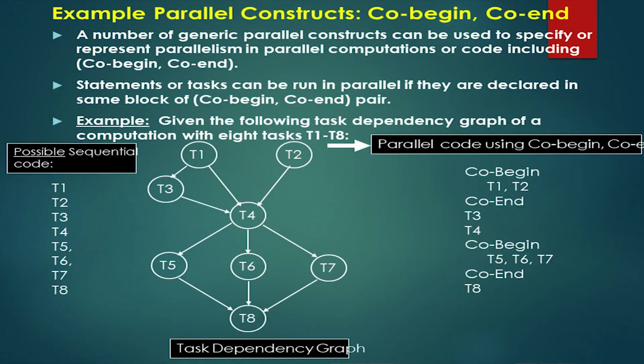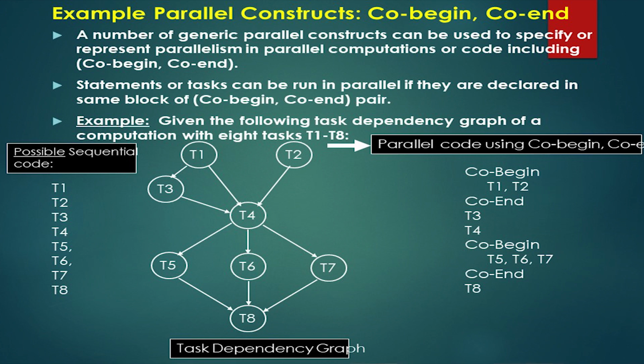In that, the first tasks T1 and T2 can be executed parallelly because there is no flow dependency between these two tasks. Next, what are some more tasks we can identify to execute parallelly? Those are T5, T6 and T7.